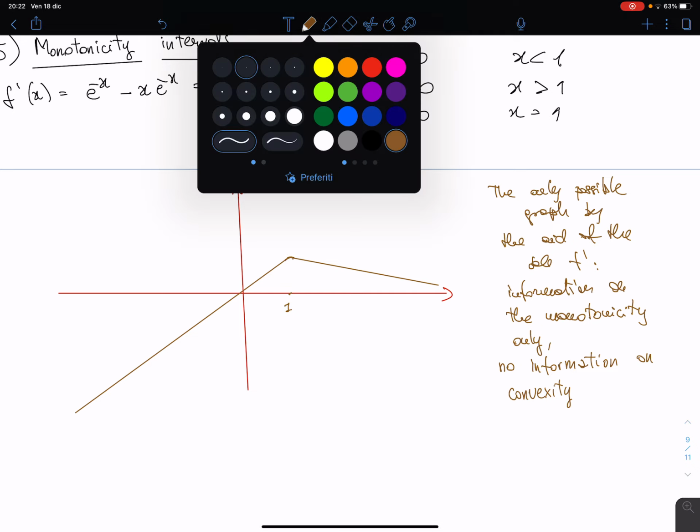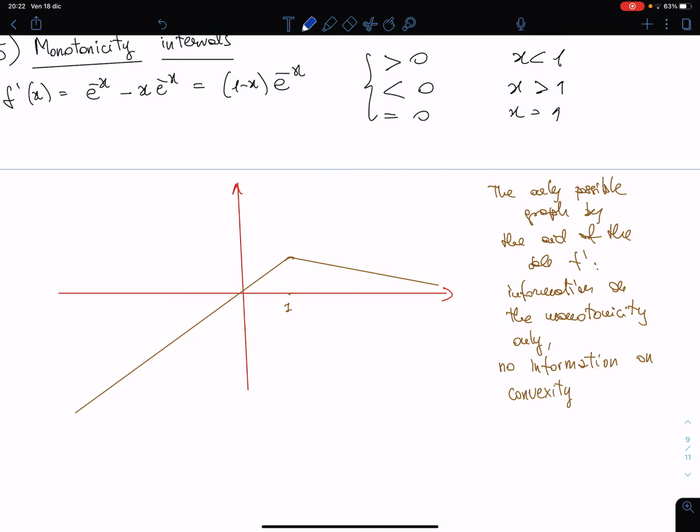But what we cannot say is whether the function is somewhat crying or somewhat smiling.